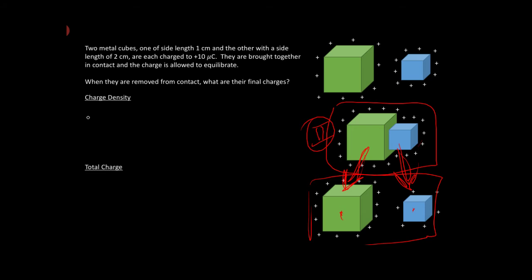So if we want to find that average charge density, d bar 2, we'll just add the charge on both of these and divide by the surface area of both of them, the area of this and the area of that, which is just 6 times the area of one of the faces.